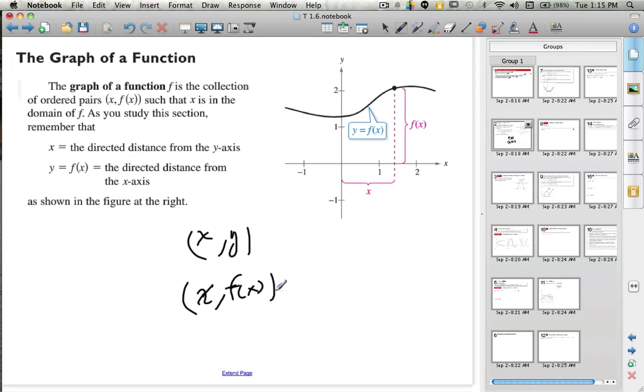X and f of x. So this is just function notation, and this would be standard notation. So for every ordered pair, the values that we find for x and f of x are movements from 0, 0. So we would move x horizontally and f of x vertically. Okay, and that's how we do the ordered pairs. This should all be rather familiar to you.